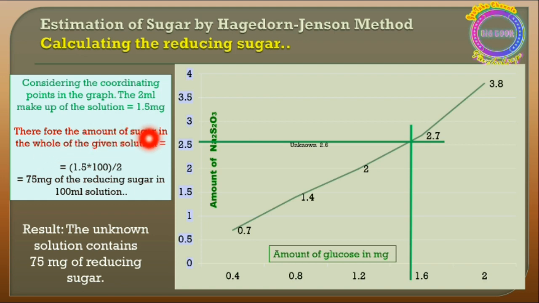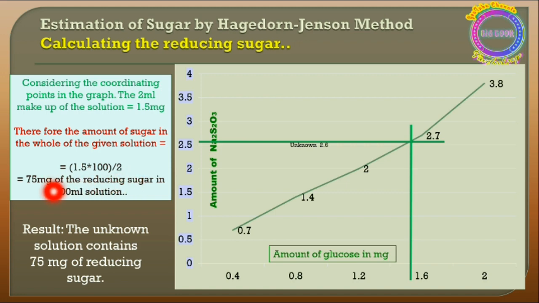Therefore, the amount of sugar in the whole of the given solution is 1.5 into 100 divided by 2. We are taking 100 because we have to calculate for 100 ml of the solution. And we are taking 2 as the denominator because this 1.5 is in the 2 ml of the solution.